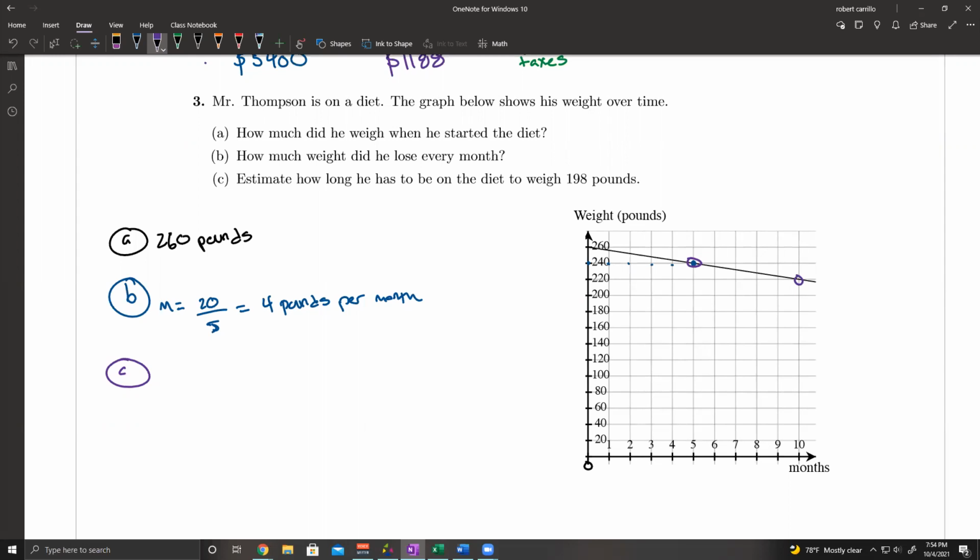If he keeps following the same trend. Well, he's already at 220 at 10 months, right? So let's say in 15 months, where do you think he'll be?